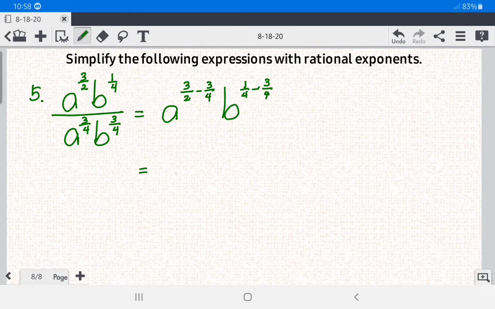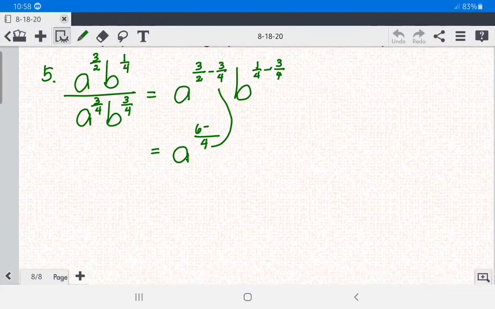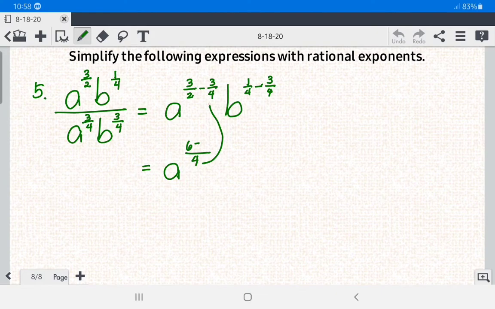Then, since the fractions are dissimilar fractions, you will get the LCD, which is 4. So, 4 divided by 2, we have 2 times 3. So, we have 6. Then, minus 4 divided by 4, we have 1 times 3. So, times 3, we have 3.